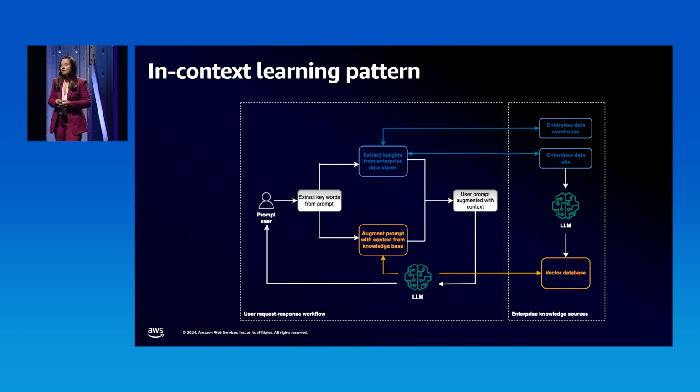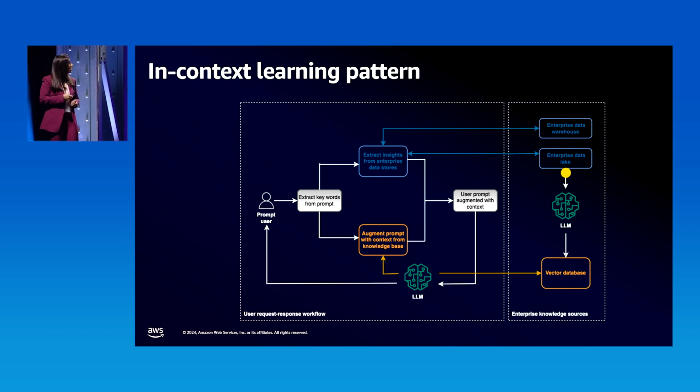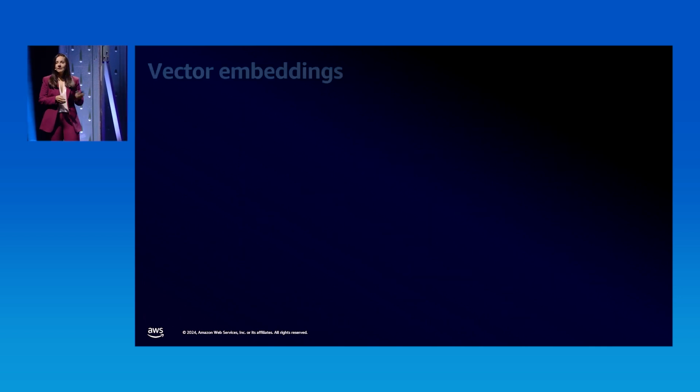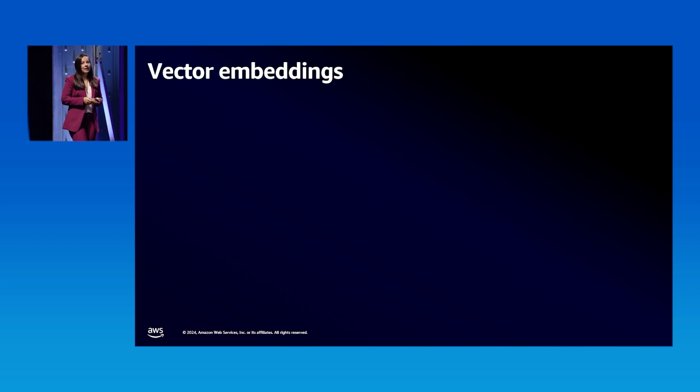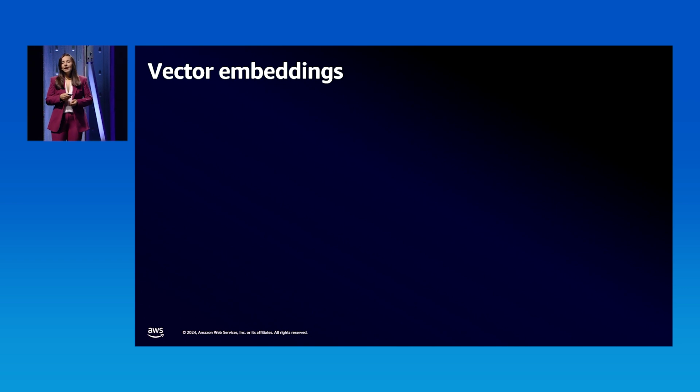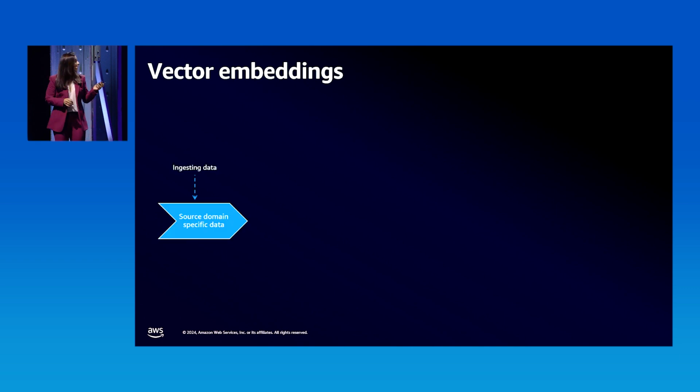So part of the information in the company is stored in databases, in data lakes and data warehouses. But a huge amount of information is also stored in documents and in images. This kind of information can also be used by large language models using vector databases. So now let's look at what vector databases and vector embeddings are. Vector embeddings allow us to create numerical representations of the data, keeping their meaning and relationships.